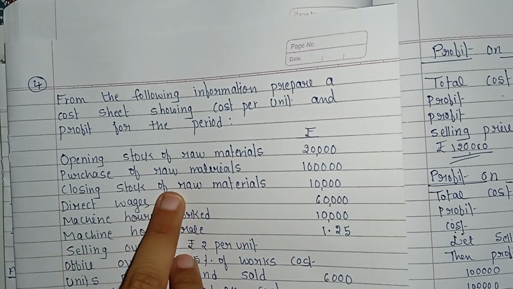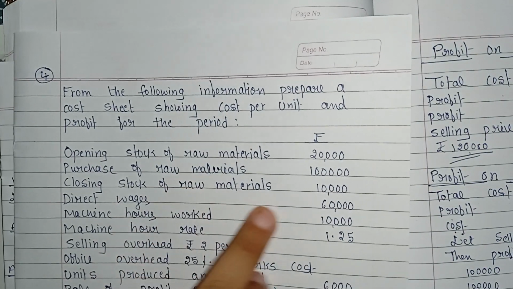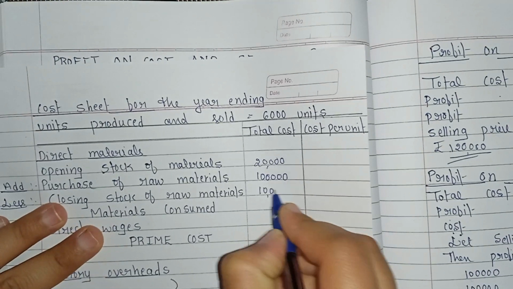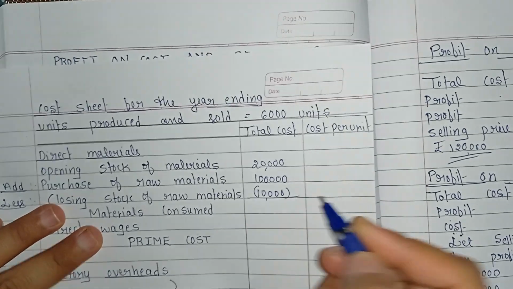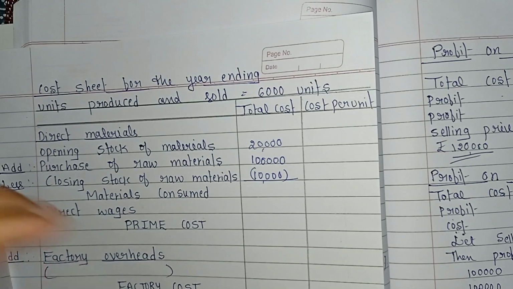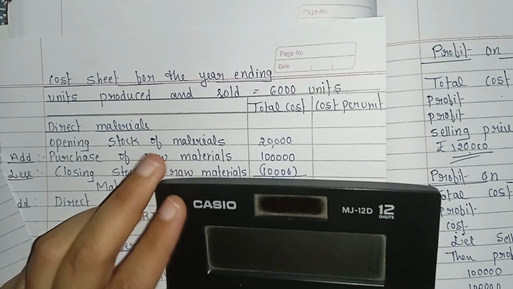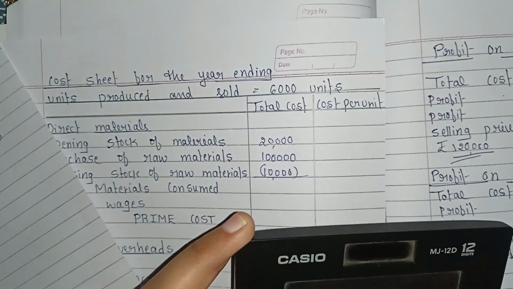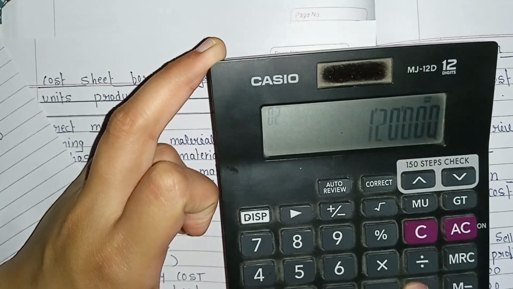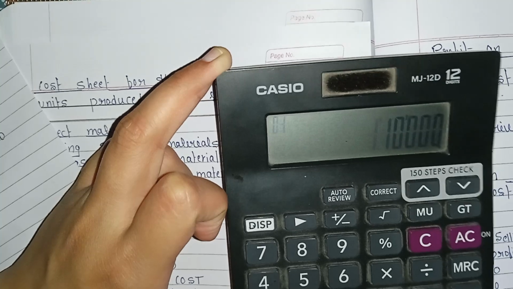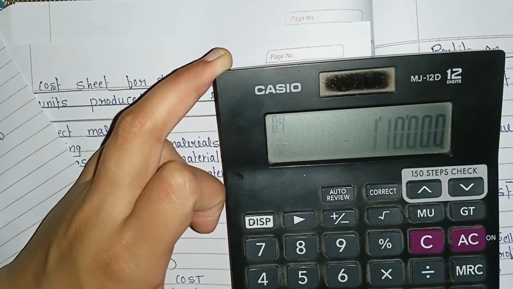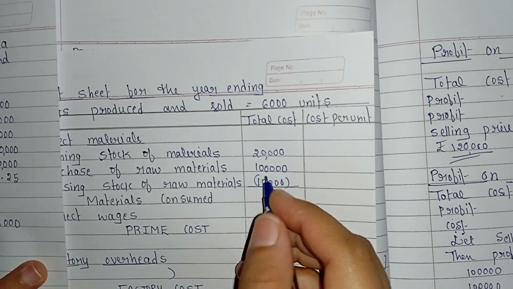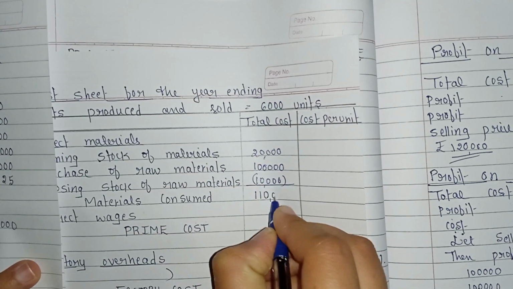From this we need to deduct closing stock of raw materials, rupees 10,000. Then we will get raw materials consumed. So 20,000 plus 1 lakh minus 10,000 means rupees 1,10,000 is our raw materials consumed.